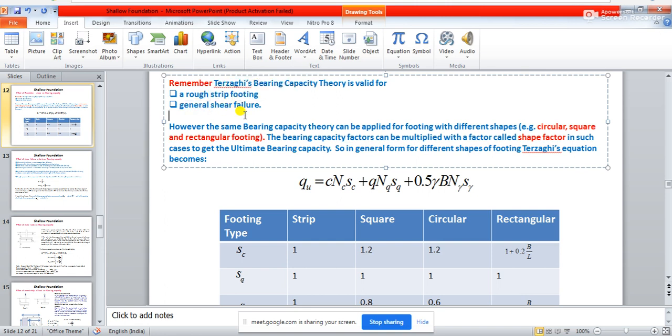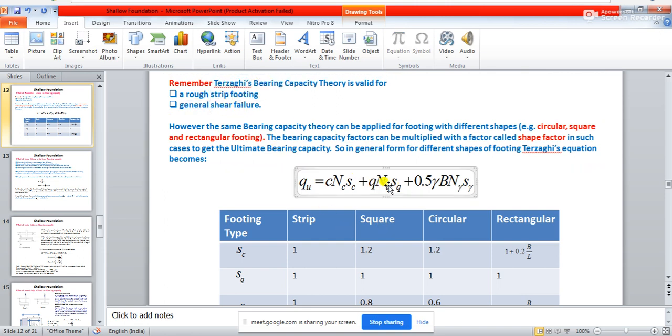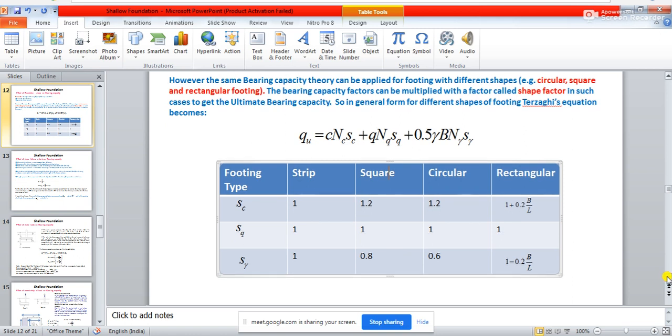So, if you want to apply this bearing capacity equation, c Nc, gamma D Nq and gamma B N gamma, for any other kind of footing other than strip footing, then you will have to multiply these individual values with a factor to take into account the effect of the shape of the footing, and that is the shape factor, which is defined by Terzaghi for his bearing capacity equation.